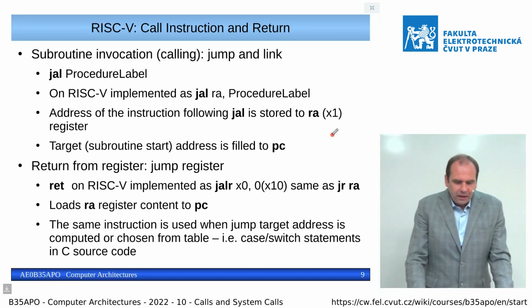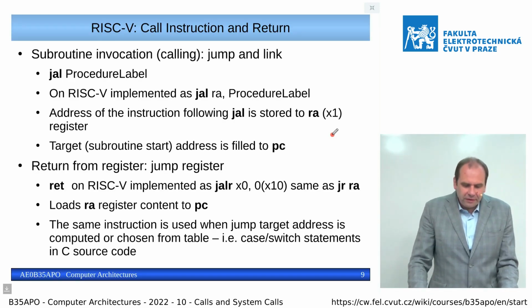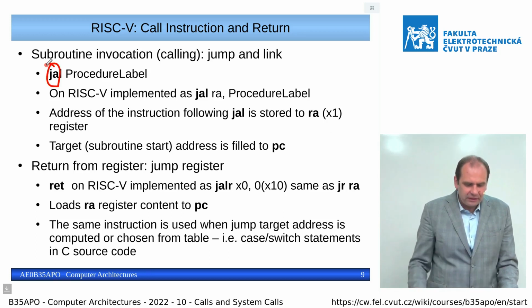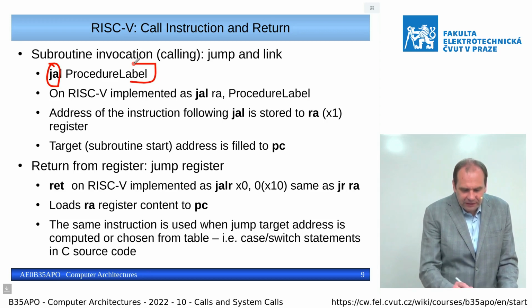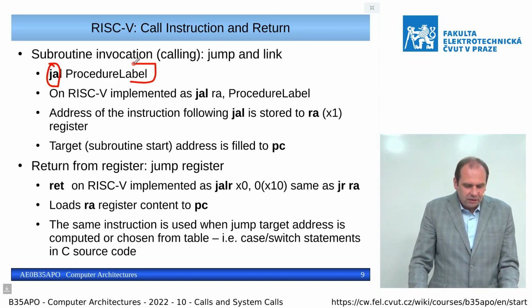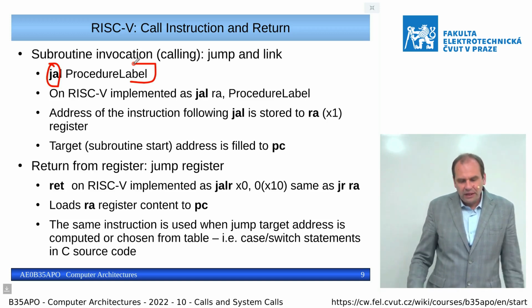Okay, so how does it look when you want to call a subroutine? We use a jump and link instruction, and then we specify the address defined by the label where a given subroutine starts.